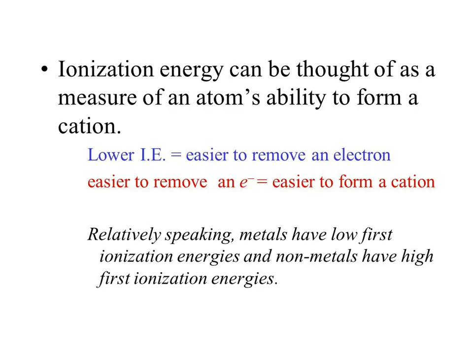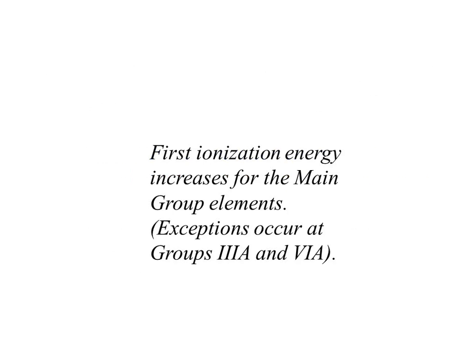It's always going to be positive because you have to put energy in order to kick off an electron. If your ionization energy is small, then you're like, hey, that electron wanted to go anyway. So low ionization energies mean, in my idea, that it wanted to form a cation anyway. And metals tend to have low ionization energies because they want to form cations.